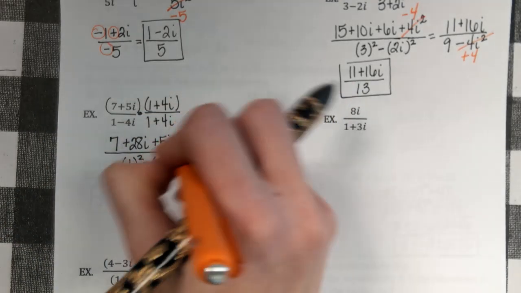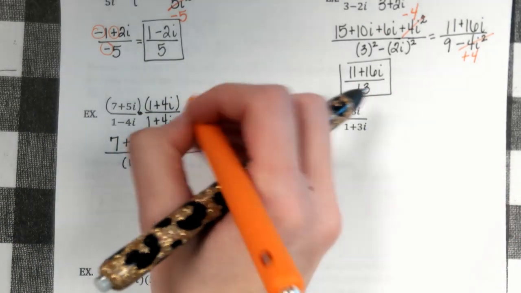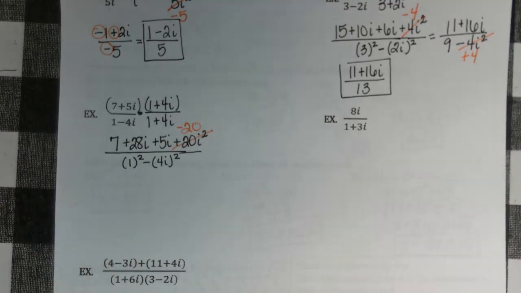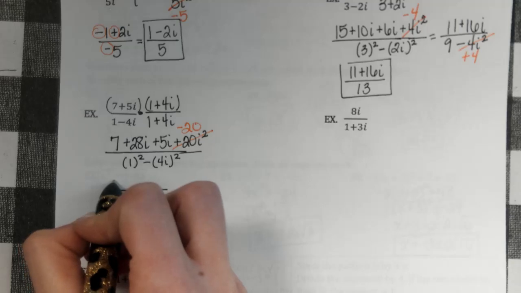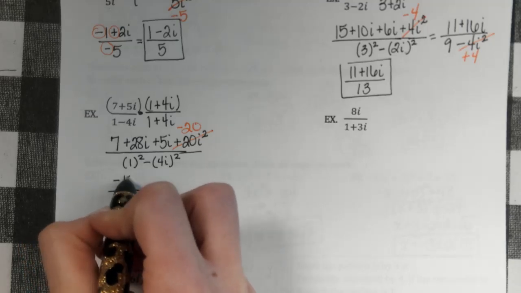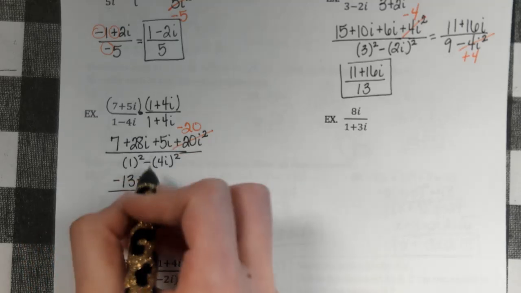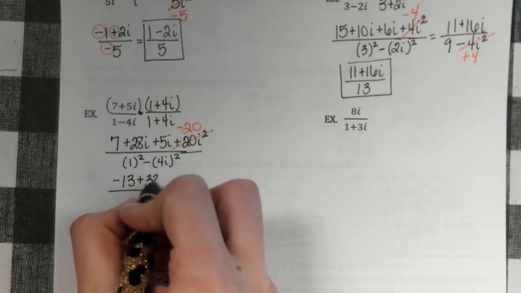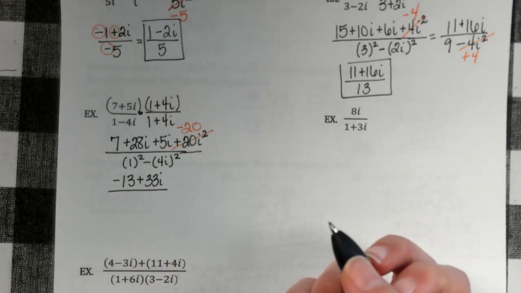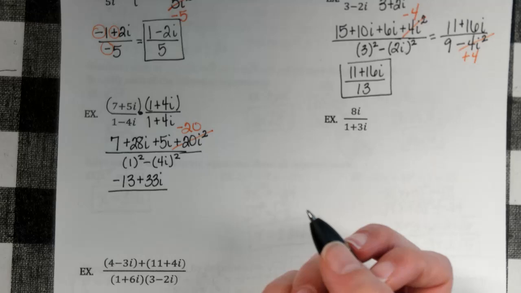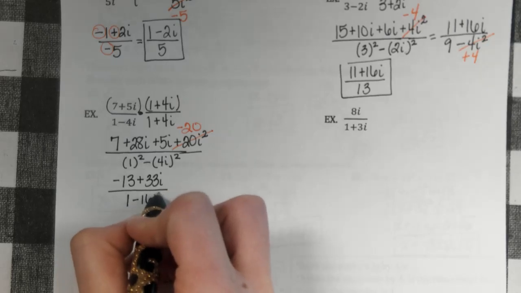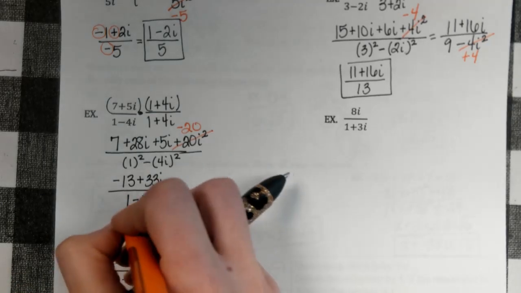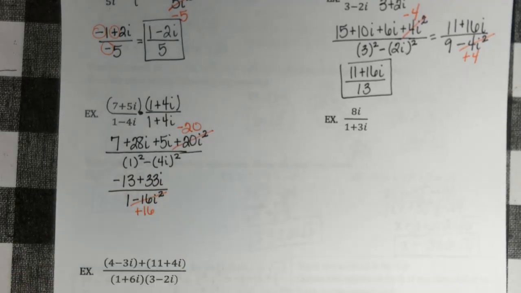So the 20i squared turns into, so my numerator becomes what? Plus. Very good. My denominator, what do I have? 16. 1 minus 16i squared, which is a plus 16.